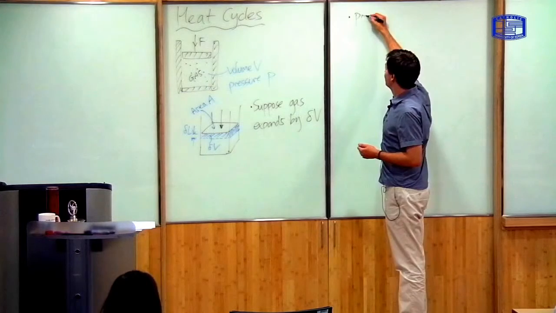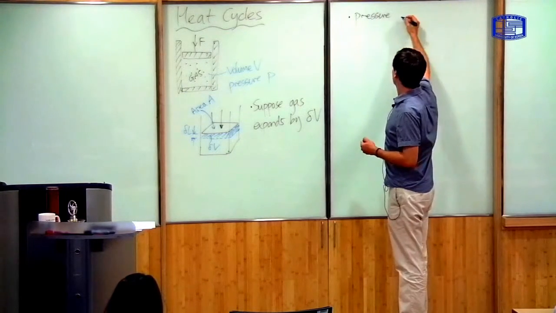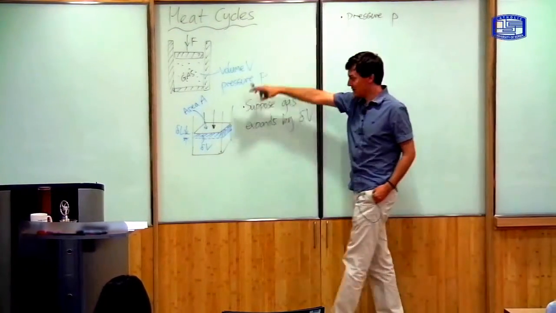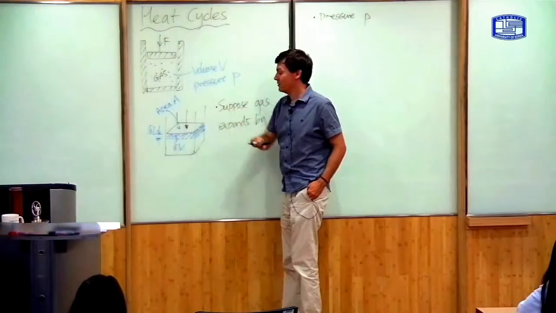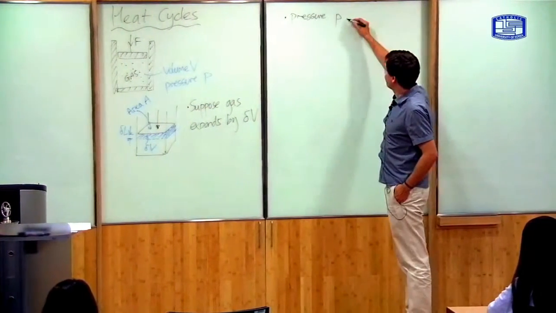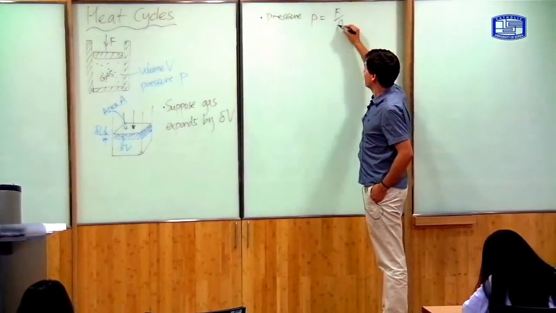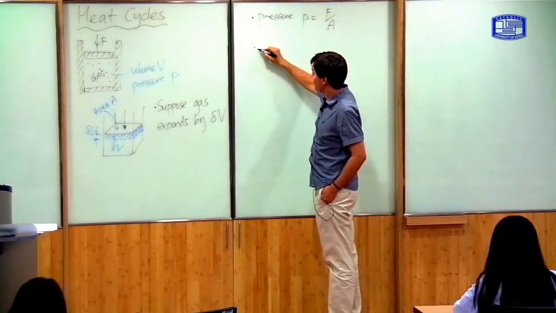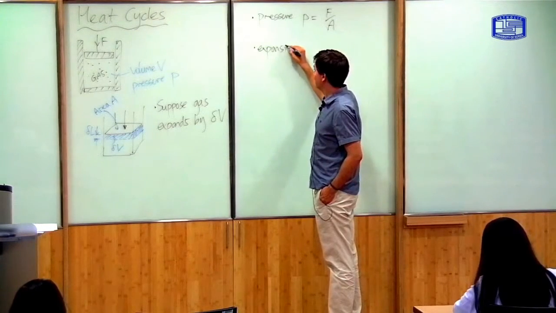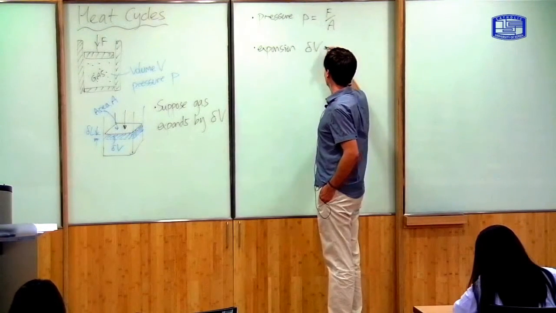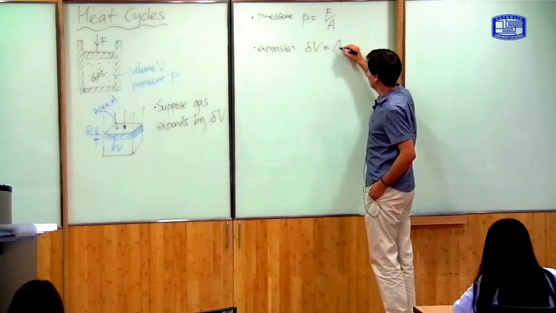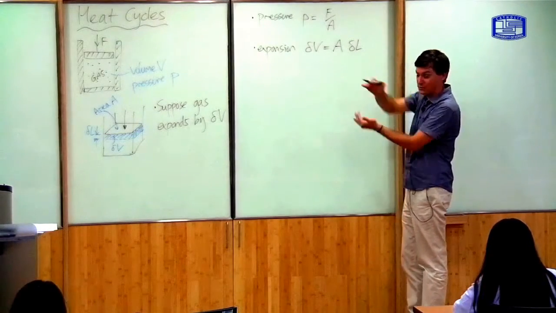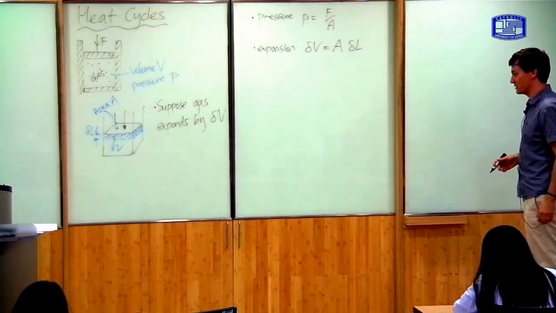Well, first of all, the pressure is defined as force per unit area, right? So if the force is F and the area of the top of the box is A, then the pressure is simply F divided by A. And the expansion in volume, delta V, is equal again to the area times the amount by which the piston is moved. So those are simple equations.